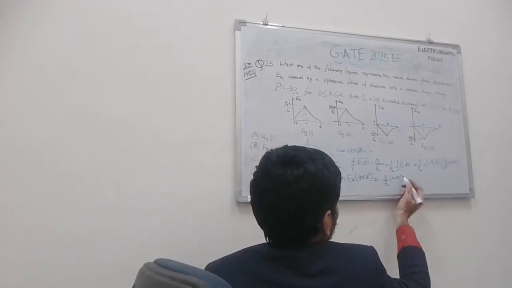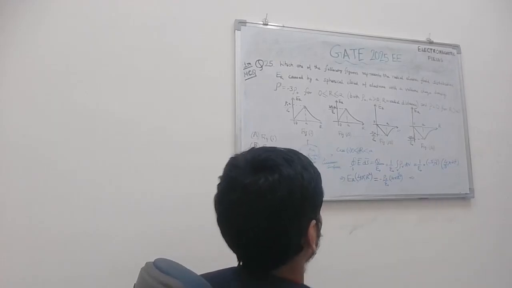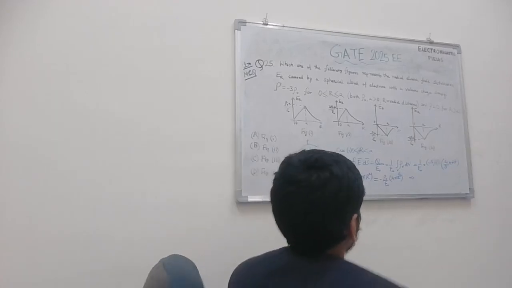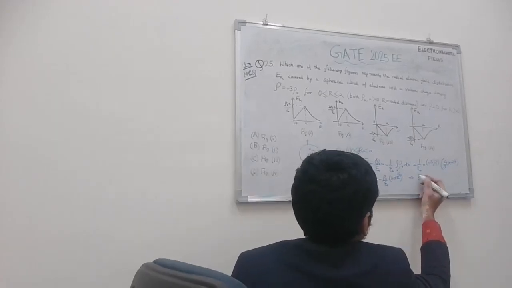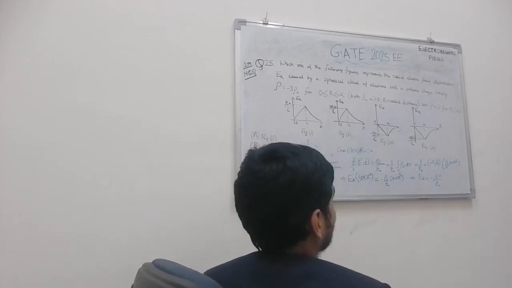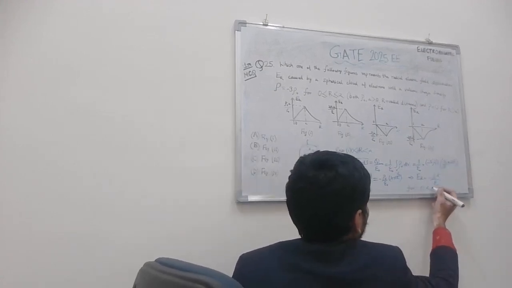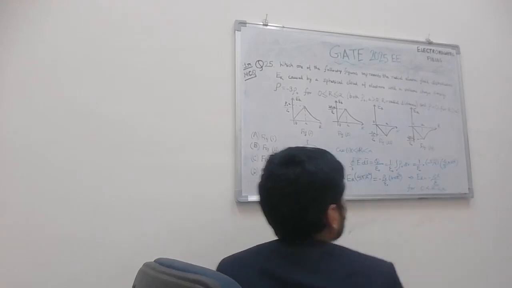So 4 pi cancel, r cube over r square, so r remains. So we are left with ER equal to minus rho naught r by epsilon naught for 0 less than r less than a.